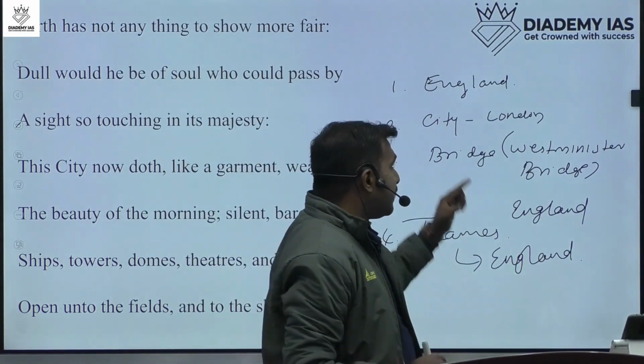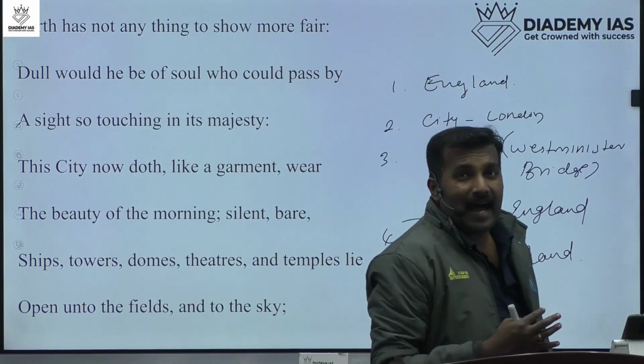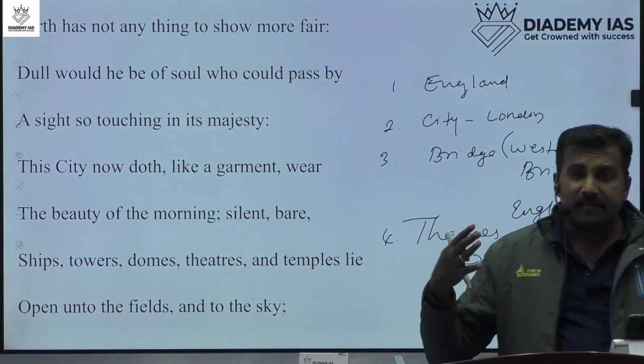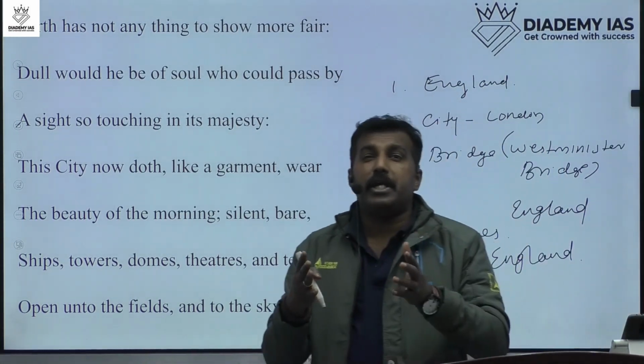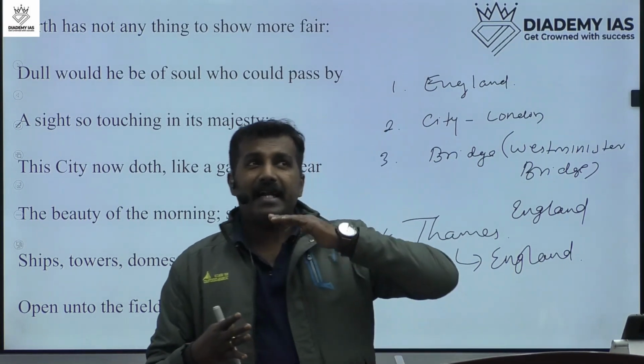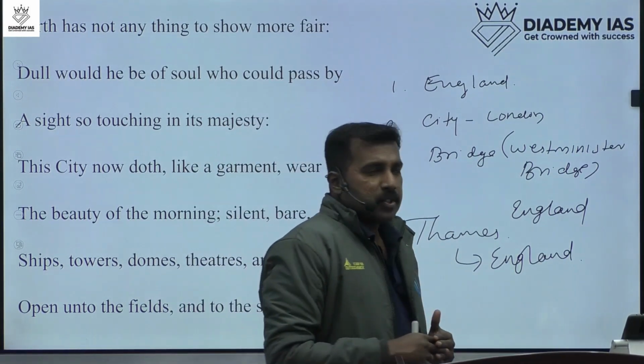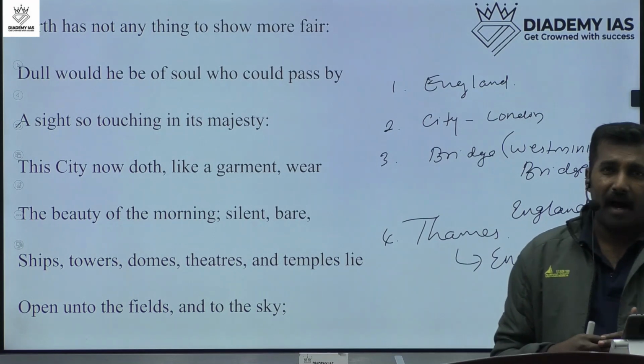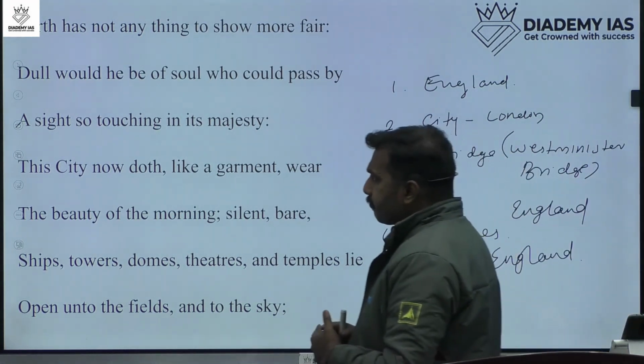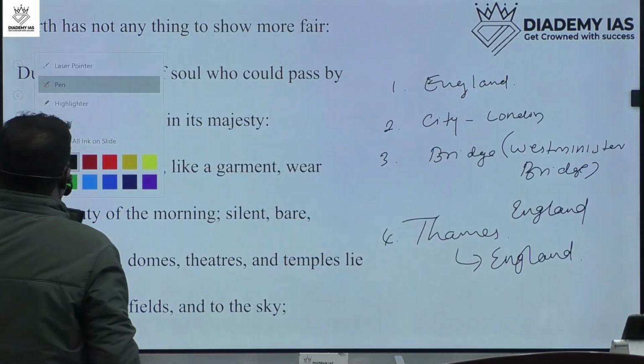That bridge is named Westminster Bridge. And the poet William Wordsworth explains the beauty of the Thames River and the bridge. That is the point we have to remember. So let's discuss in detail.